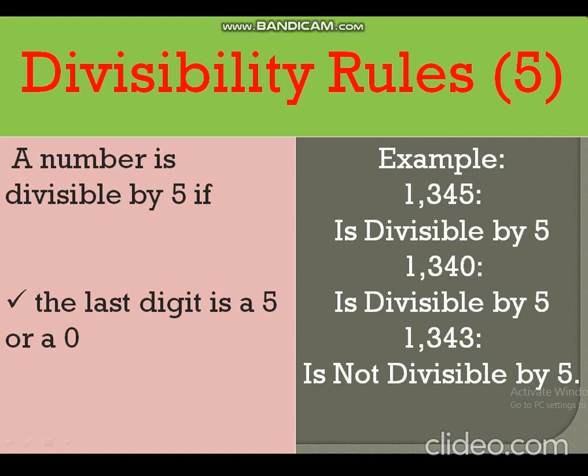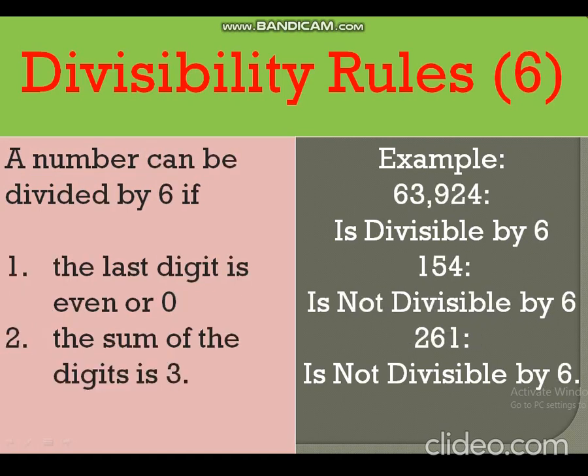Now, let us take another example. 1340. As its last digit is 0, it is divisible by 5. Now, let us take another example. 1343. As its last digit is neither 5 nor 0, it is not divisible by 5.